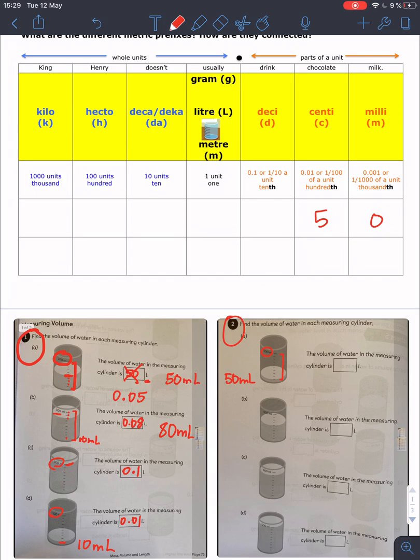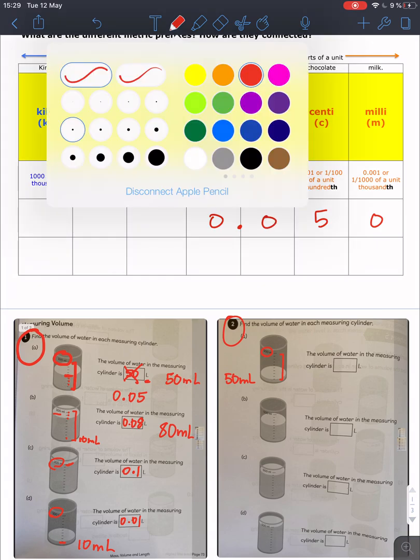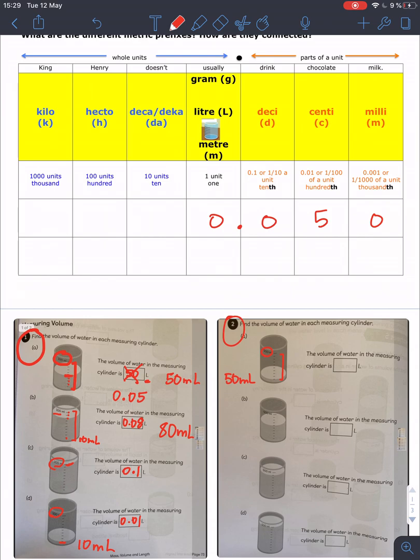50 milliliters, we could write like that as milliliters. To write it as a liter, we need to put our zeros in as placeholders. So 50 milliliters is 0.05 liters, or 5 hundredths of a liter, because remember, this is the hundredths place, 5 hundredths of a liter.